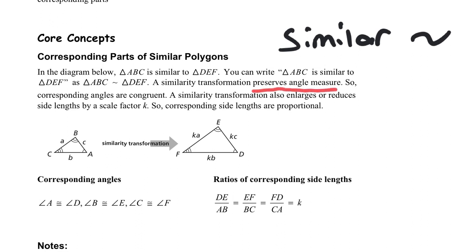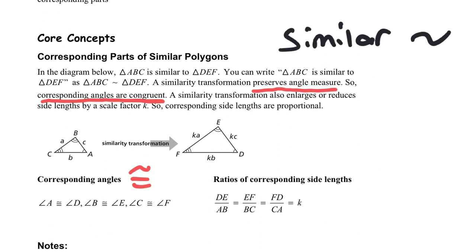A similarity transformation preserves angle measure. So the corresponding angles are congruent. So that's this part right here. Corresponding angles are congruent. A similarity transformation also enlarges or reduces side lengths by a scale factor. So the ratio, which means a fraction of the corresponding side lengths, all have the same scale factor.